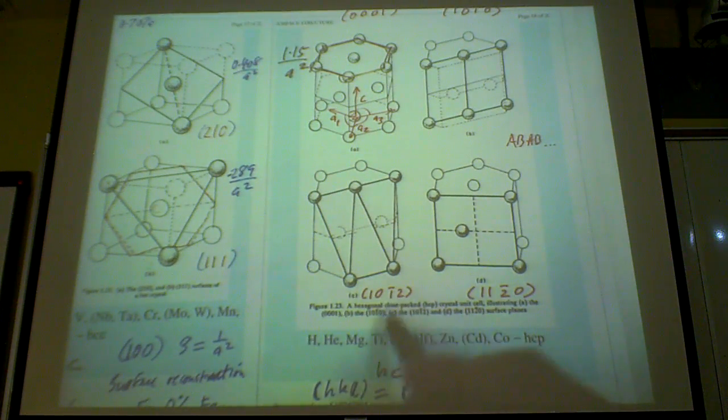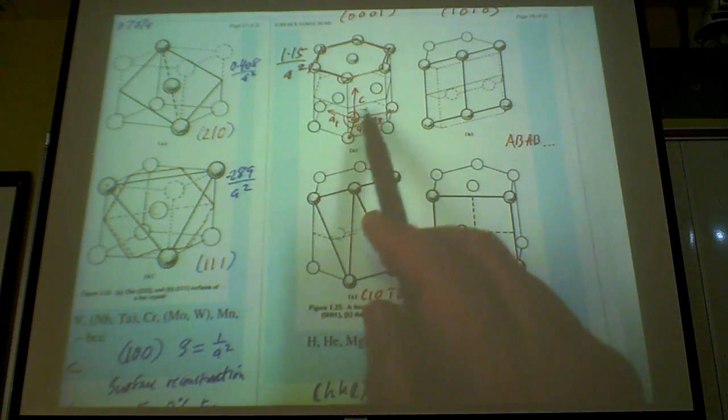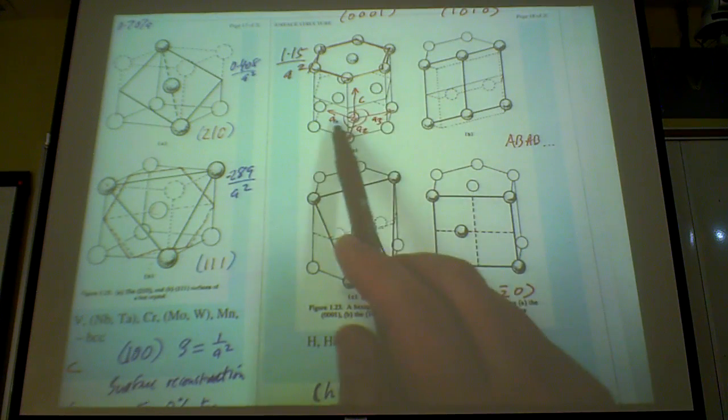So the third index is this plus this, take the negative of that, that's negative 1. This plus this, take the negative of that, is negative 2, right? That's the translation. Sometimes people write the hexagonal structure with 3 indices. You can make it into 4 indices, which is more transparent because you can see how the vector goes.